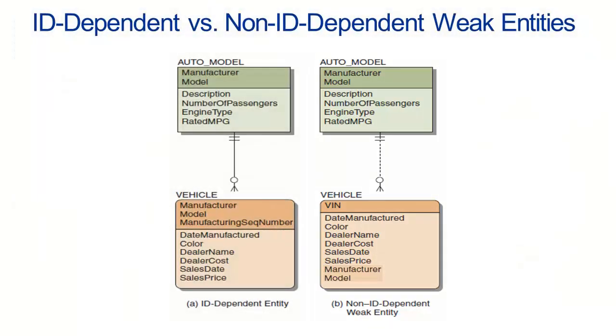In this case, it would be a non-ID dependent weak entity. And again, note that ID dependent relationships are shown with a solid line, while non-ID dependent relationships are shown with a dashed line.